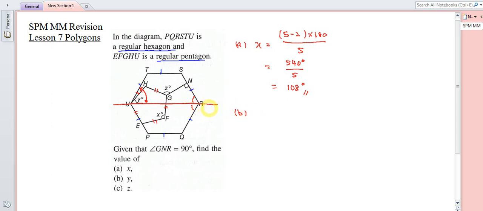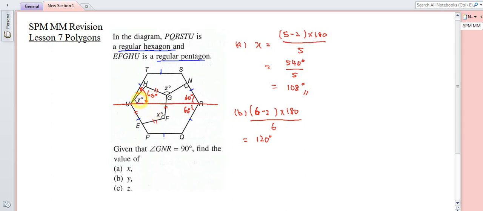So I just find the interior angle for a regular hexagon first. n minus 2, and here n is 6 because we have 6 sides. 6 minus 2 times 180, then divided by 6, you will get 120. If I divide it by 2, I will know that this is 60 degrees. Here also 60 degrees.